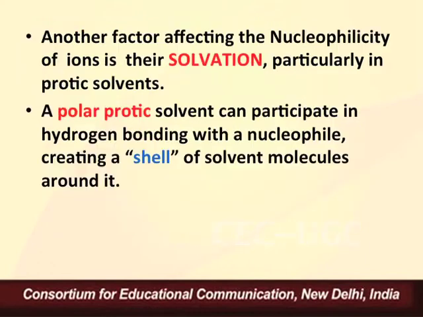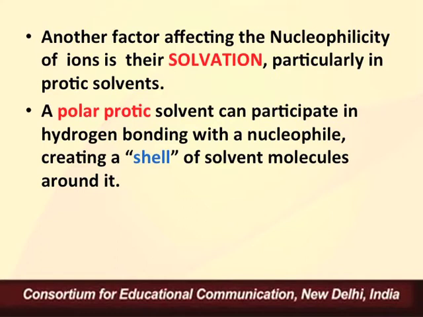Another factor which will affect the nucleophilicity of ions is their solvation, particularly in protic solvents, because we know protic solvents are capable of forming hydrogen bonds, so they will solvate a nucleophile or an electrophile.